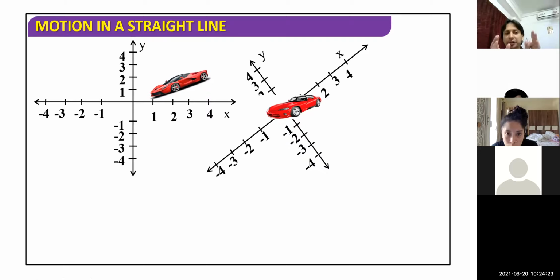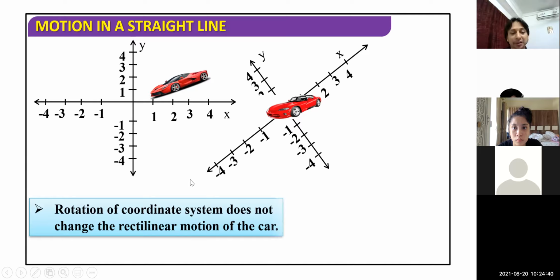Here the slope is inclined, meaning the Cartesian coordinate system has changed its position, it has rotated. Now the car is still moving along the x-axis, but the rotation of the coordinate system doesn't change the rectilinear motion of the car. So rectilinear motion is again part of one-dimensional motion.